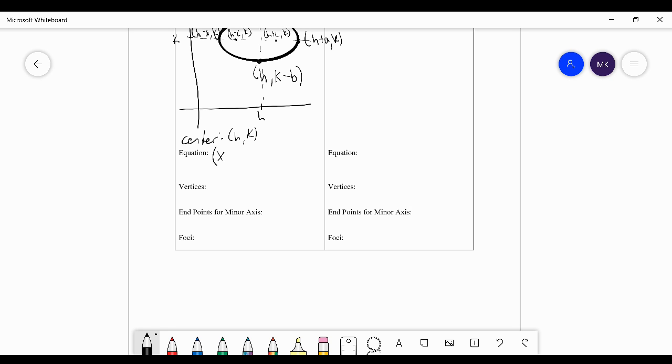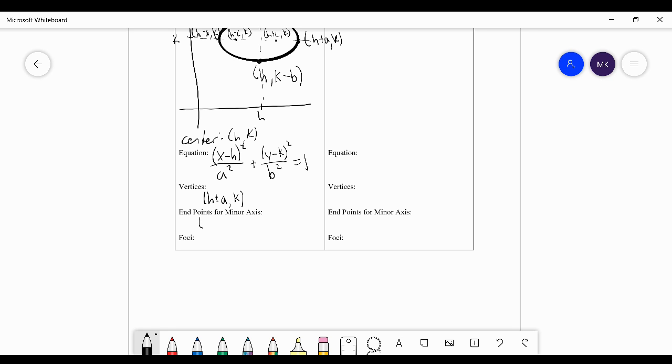So our equation becomes (x minus h) squared over a squared plus (y minus k) squared over b squared, and that equals 1. Our vertices are at h plus or minus a, comma k.